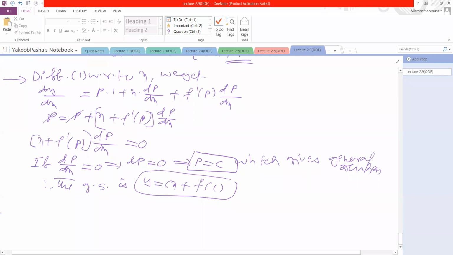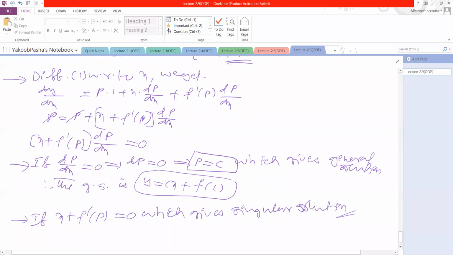Now we have another term here: if x plus f dash of p is equal to 0, which gives the singular solution of the Clairaut's equation. Okay, from here we get the singular solution. We have already done problems on singular solutions, many problems, and we will do some more here, and discuss if something was not covered there. These are the procedures to solve equation solvable for p, equation solvable for y, equation solvable for x, and also Clairaut's equation.